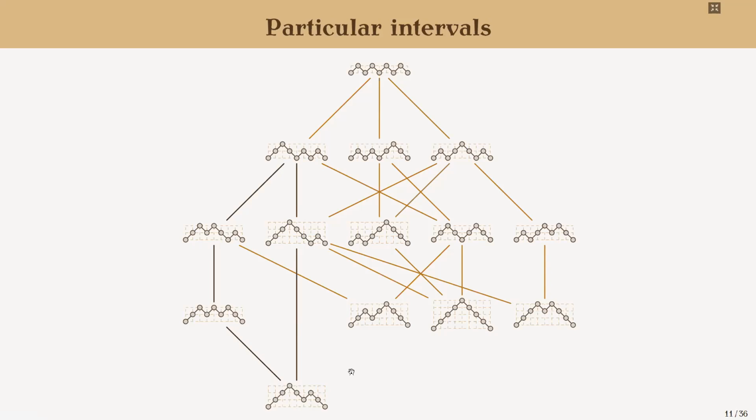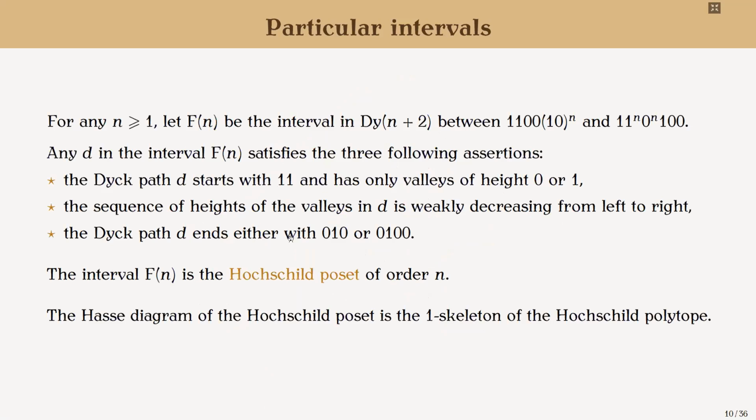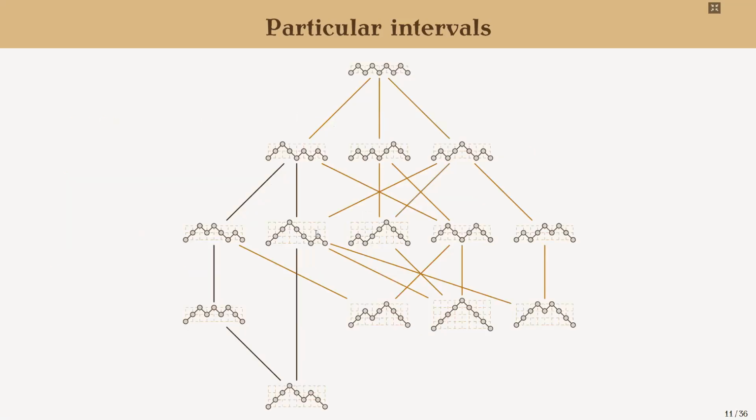But it's not really nice to work with this kind of object. First of all, the description of this interval is not really easy to play with. And the Dexter order is not very simple either.